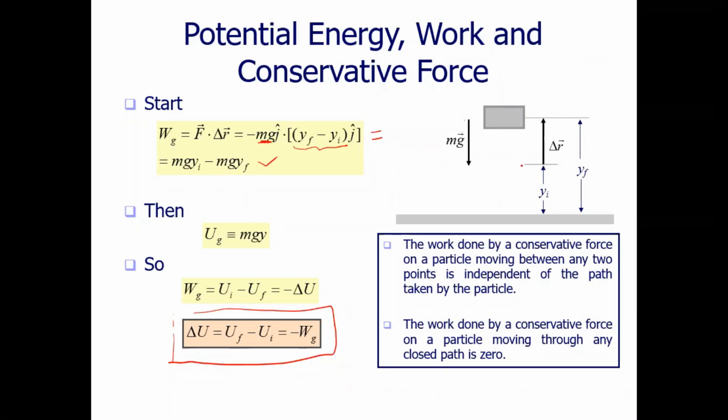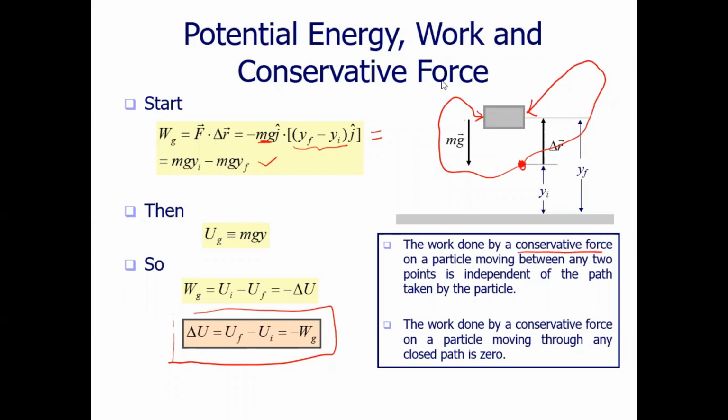So this object could have used different paths. Maybe it goes somewhere here, and then it comes back here. Or it goes somewhere here, and it comes here. So it simply means that as long as the initial point and the final point are the same, the work done by a force that is conservative is the same.